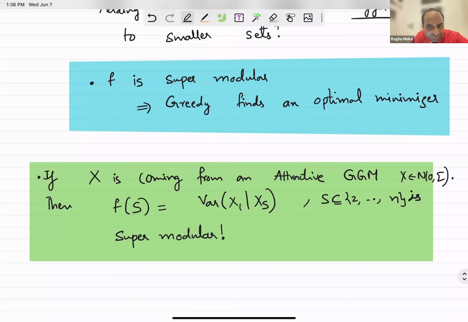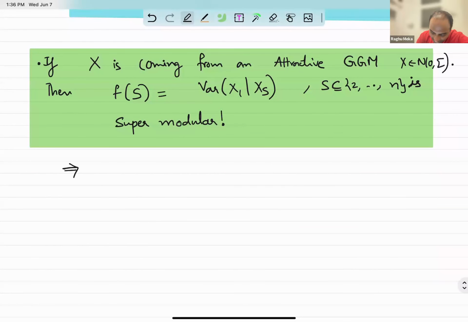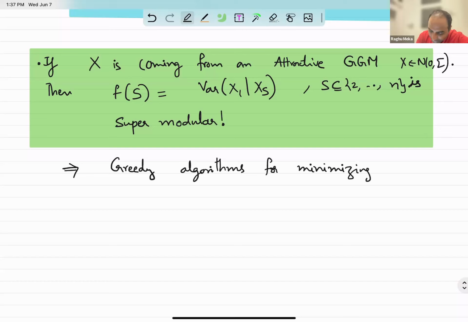Okay, so the conditional variance functions for attractive GGMs are actually supermodular. So if they are supermodular, then we know the greedy algorithm works, and that's exactly what greedy prune is doing. So this implies the greedy algorithm works for minimizing conditional variance subject to a size constraint.